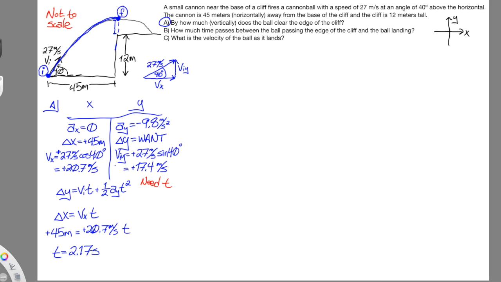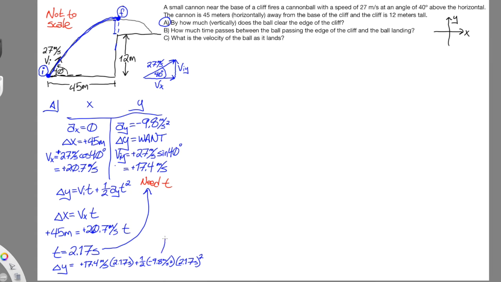Now we can put that 2.17 seconds up into the equation that we had from before. So delta y is v_iy, positive 17.4 meters per second, times the time, 2.17 seconds, plus 1/2 acceleration in the y direction, negative 9.8 meters per second squared, times t squared, 2.17 seconds, whole thing squared.